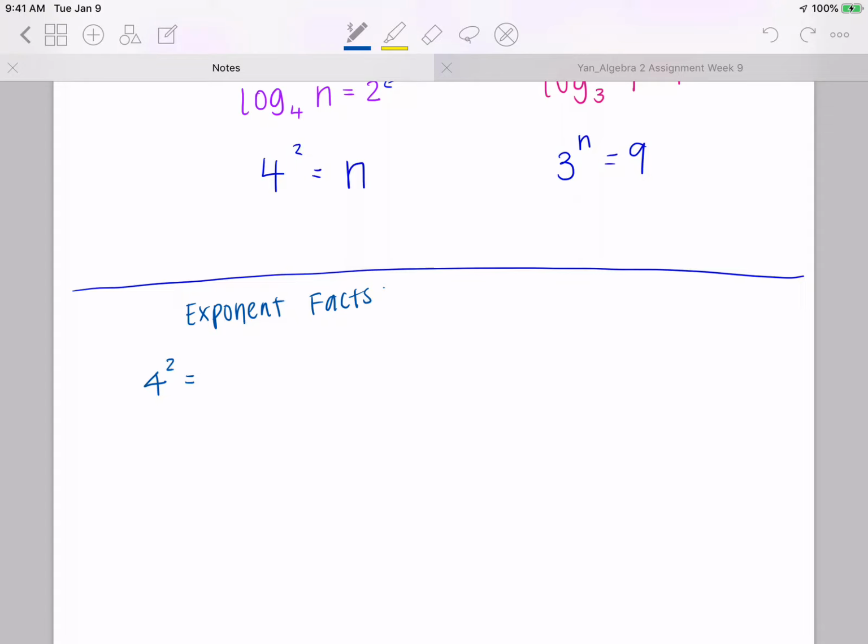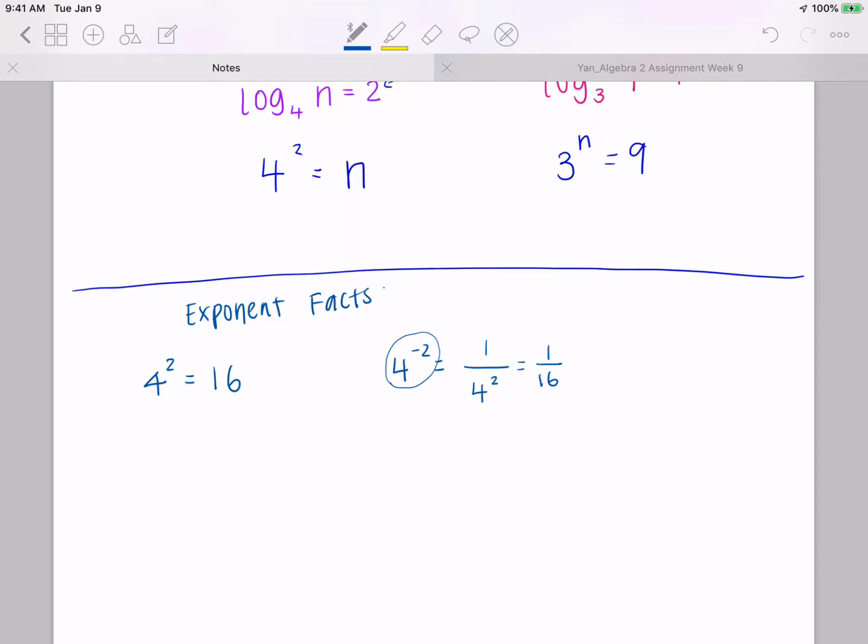Let me rewrite that. Anytime you see a negative exponent, we rewrite it at either the denominator or numerator. Since this is already at the numerator, we write it at the denominator without the negative, and at the top we put a 1. This equals 1 over 16.